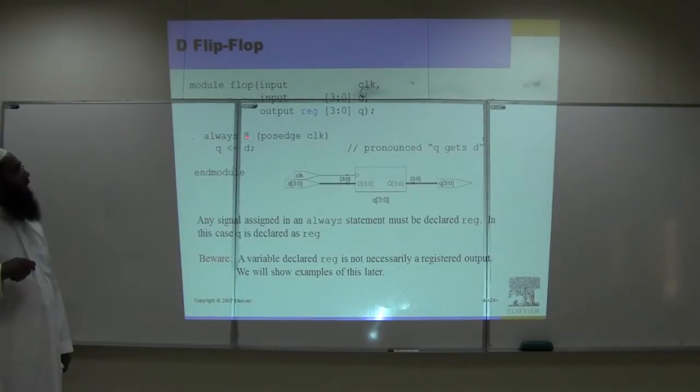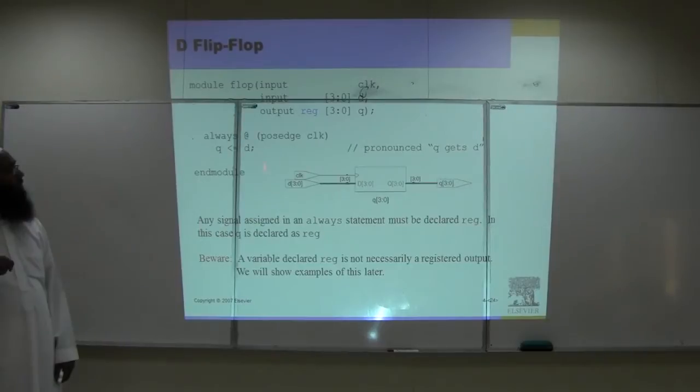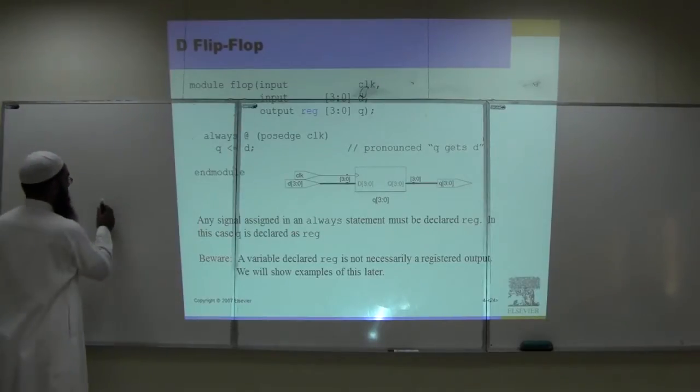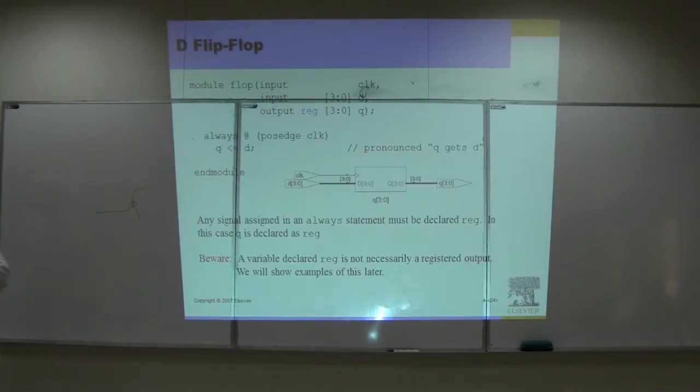So this means that if we have a positive edge of the clock, only then this one will happen. So this is Q, the output, it gets the value D.